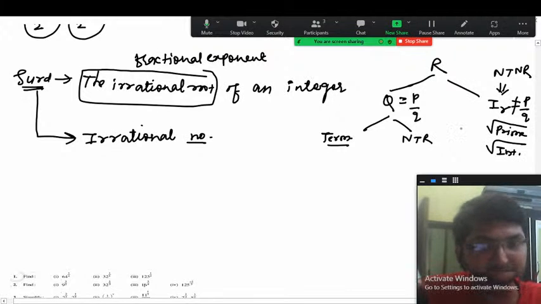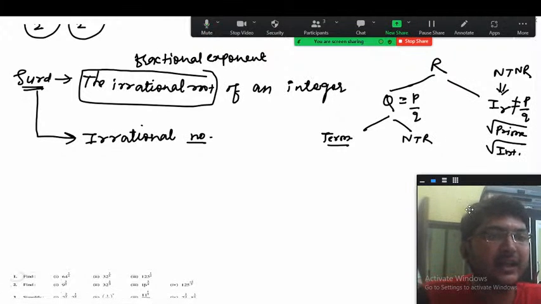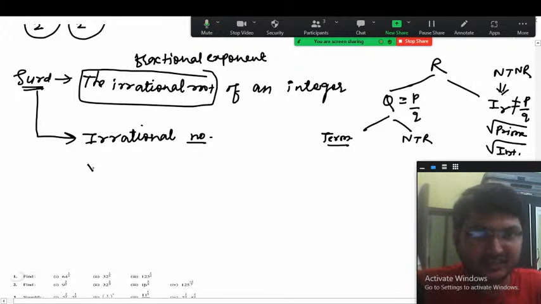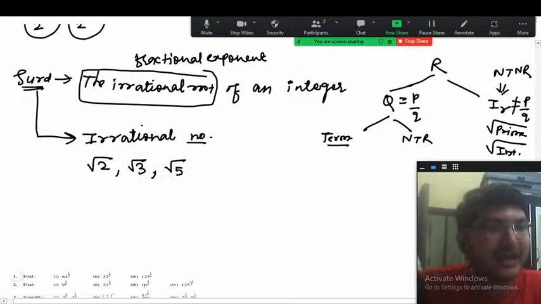Okay, these are some basic things you need to understand. Here we are considering surds, and we need to understand that surds are irrational numbers. All kinds of irrational numbers like root 2, root 3, similarly root 5, they can't be further simplified, they are surds actually.